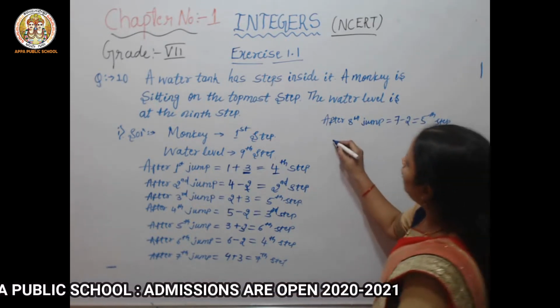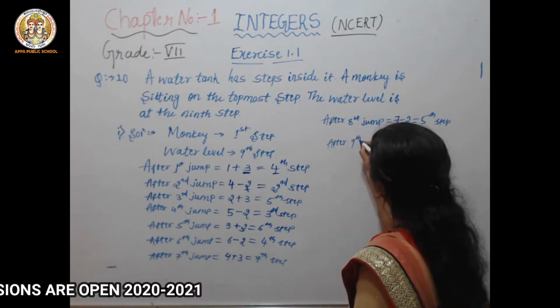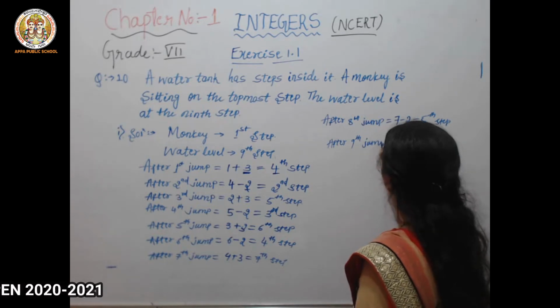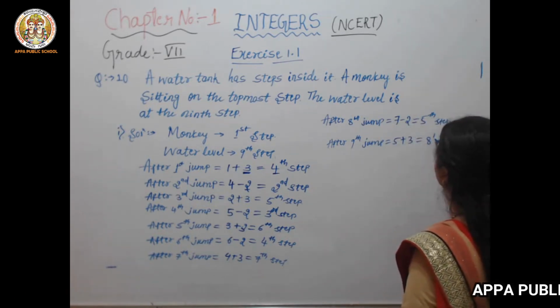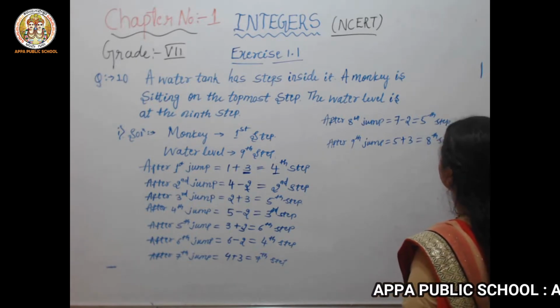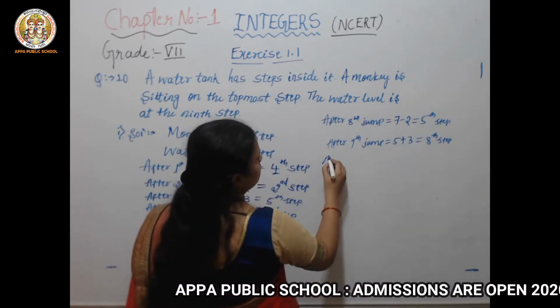The next, after the 9th jump. After the 9th jump, it has 5 plus 3, 8. It has the 8th step.